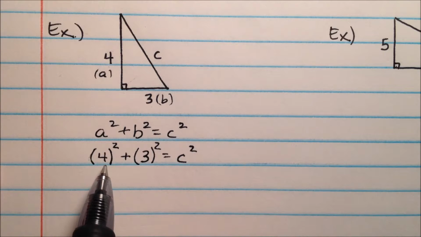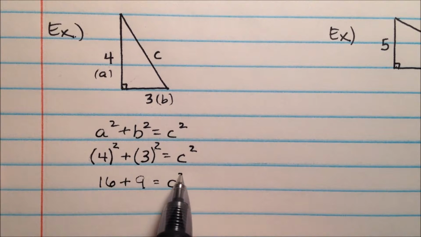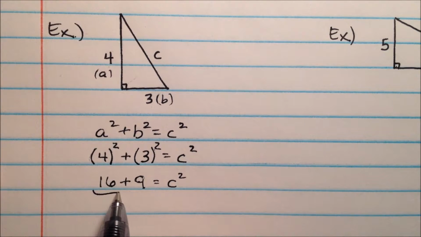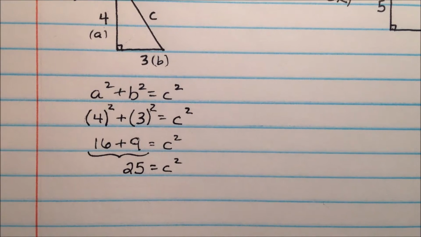So let's go to the next step. 4 squared will be 16, plus 3 squared will be 9, and that equals c squared. So when we add this up, 16 plus 9 will be 25 equals c squared. Here's the step that's going to be a little tricky, but that's very important to do right every time. We have 25 equals c squared.